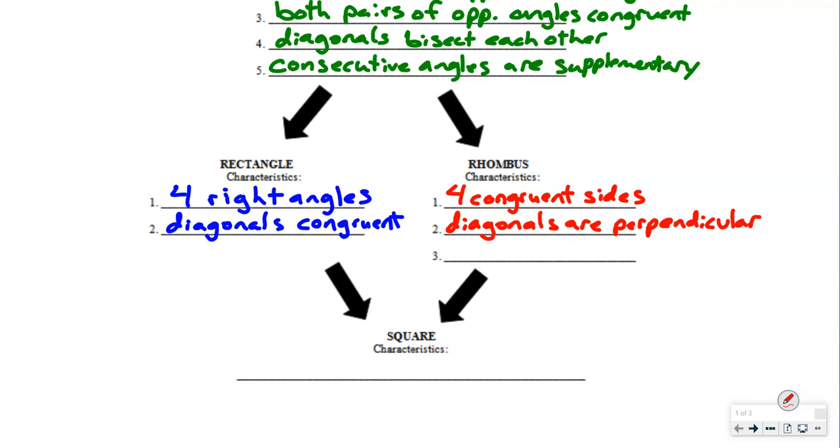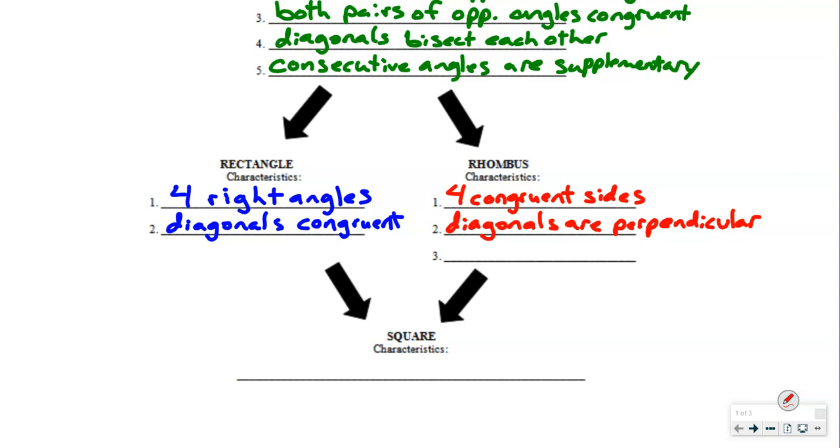Diagonals are perpendicular. Remember, in our rectangles, our diagonals were congruent. In a rhombus, the diagonals will not be congruent, but they will be perpendicular. In a rectangle, diagonals are not perpendicular, but they are congruent.